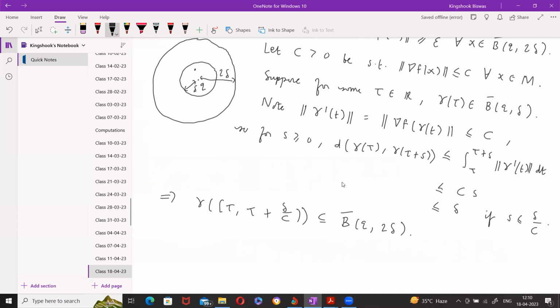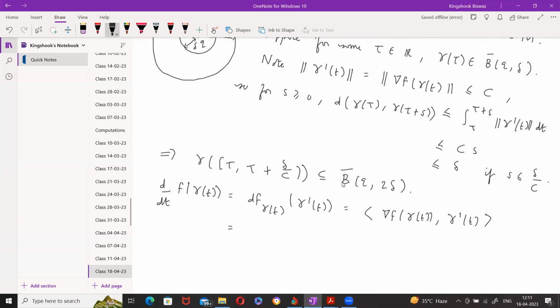Now look at the function f along gamma. What is d/dt of f of gamma t? This is df at gamma t acting on gamma prime t. By definition of the gradient vector field, this is the inner product of grad f at gamma t with gamma prime t.